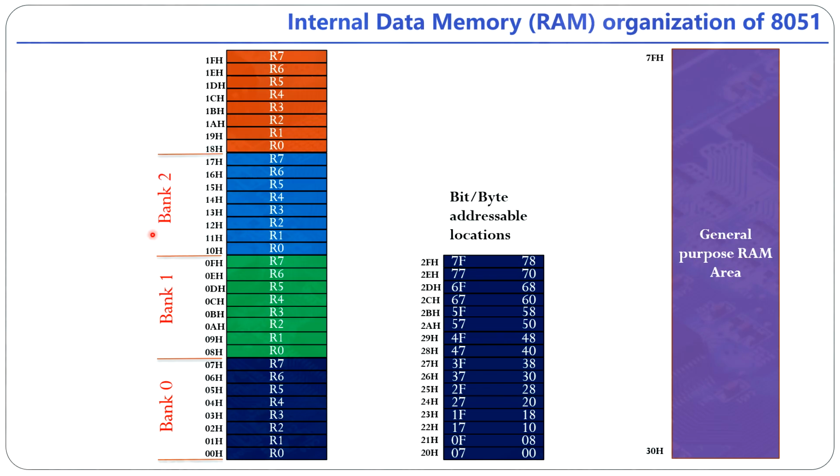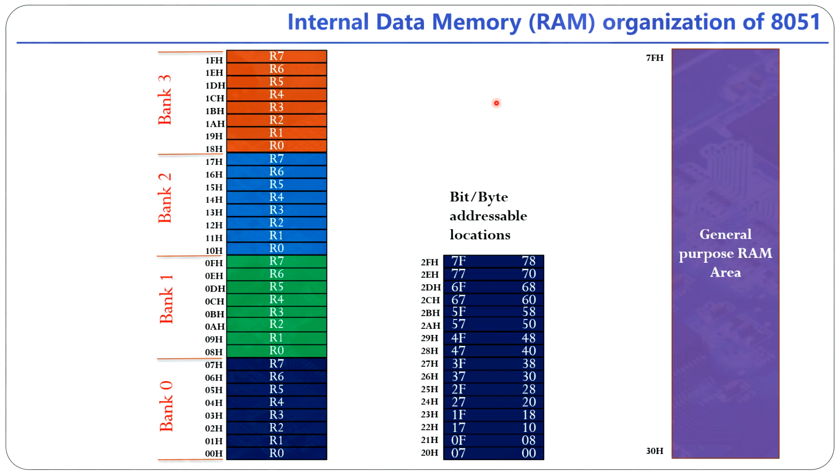Next, bank 2 also has 8 locations, right? In one location we can store and process 8 bits. The registers given here are R0 to R7, right?